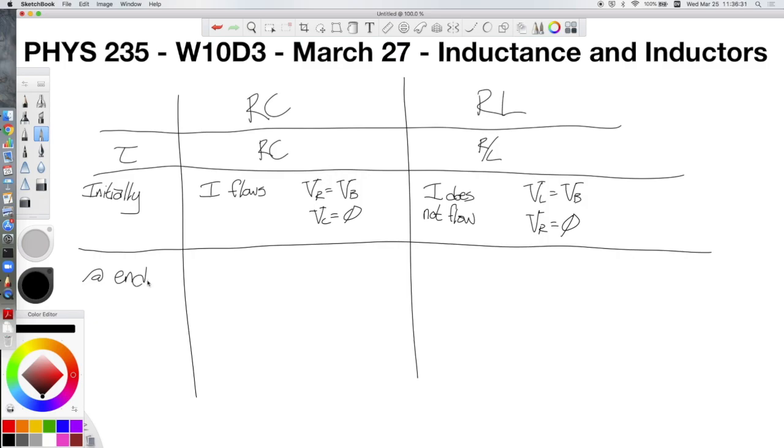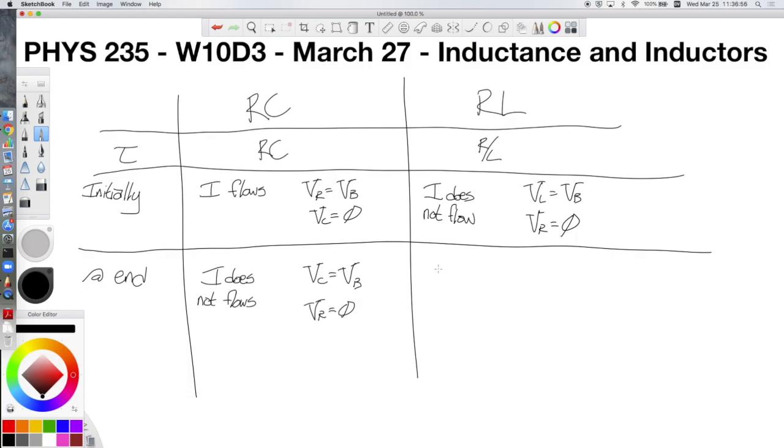And then at the end of the day, in an RC circuit, the current flowed until the capacitor became fully charged. And once the capacitor is fully charged, then no more current flows. And the voltage on the capacitor is now equal to the battery voltage, and the voltage across the resistor is 0.